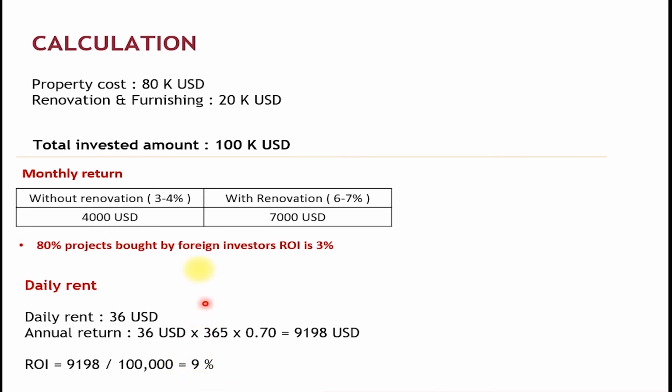If we purchase a property and give it directly for rent, believe me, you will get maximum 3%, which is $3,000. But I am trying to show you the maximum, which would be $4,000. So from $4,000, now we are getting $9,000. It is a very big difference, considering most foreigners are getting 3% and you are getting 9%. It is a very, very high return.